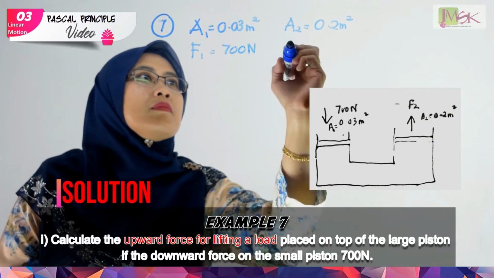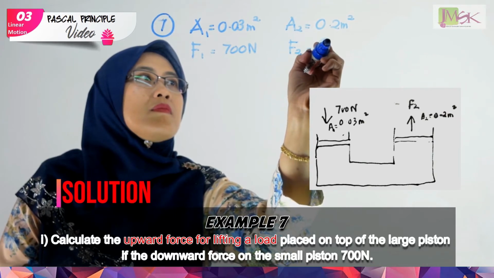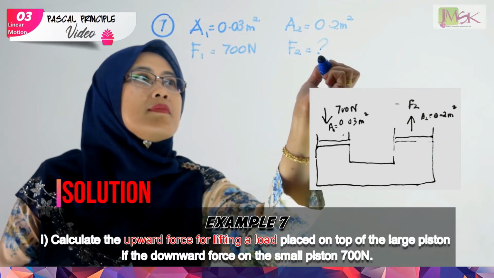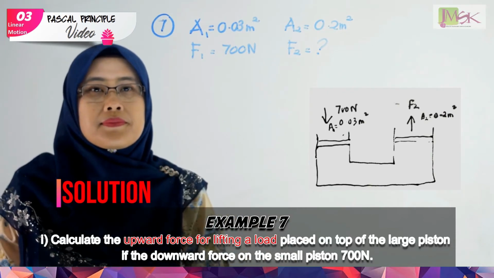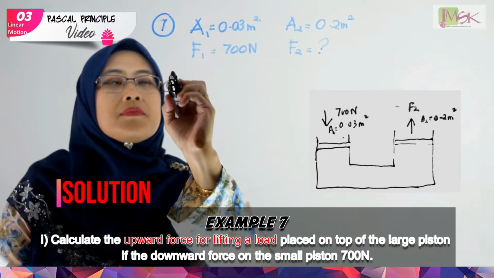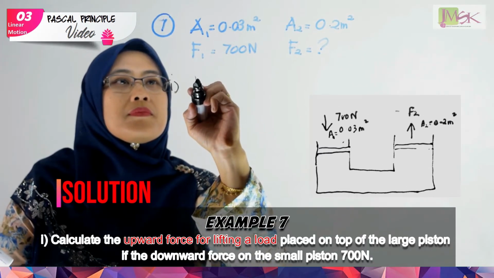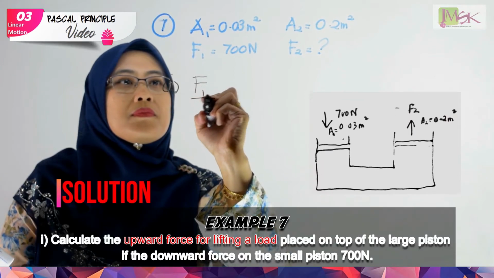As you learned before, both A1 and F1 refer to the small piston and both A2 and F2 refer to the large piston. For part 1, the formula that should be used is F1 over A1 equal to F2 over A2.